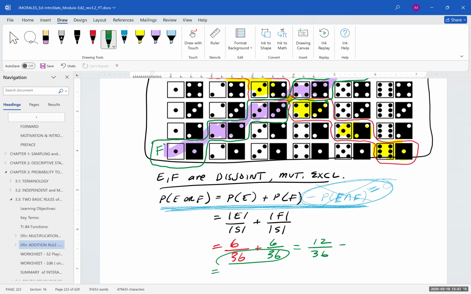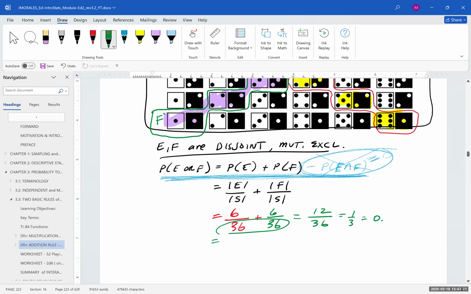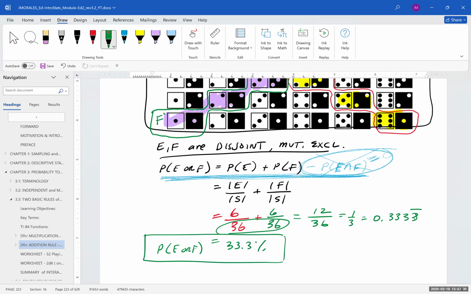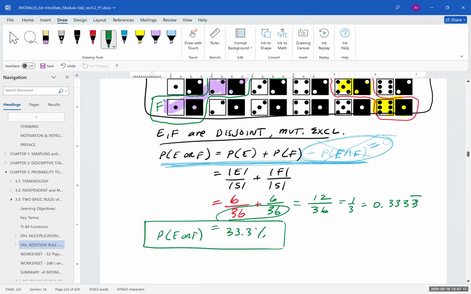That comes out to 1/3, which is 0.3333 repeating, or the probability of E or F is 33.3%. So the probability of getting a 7 or doubles is 1/3.